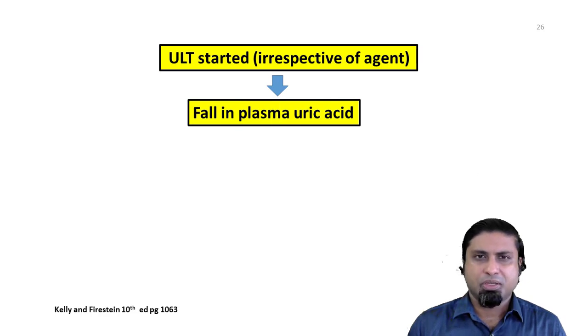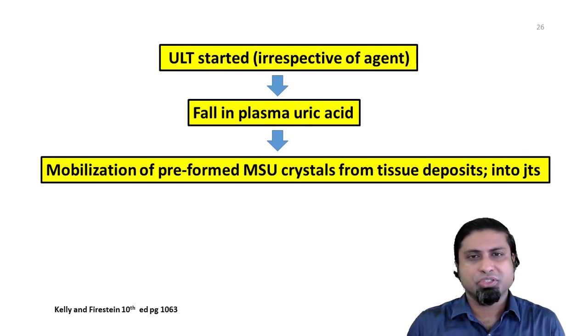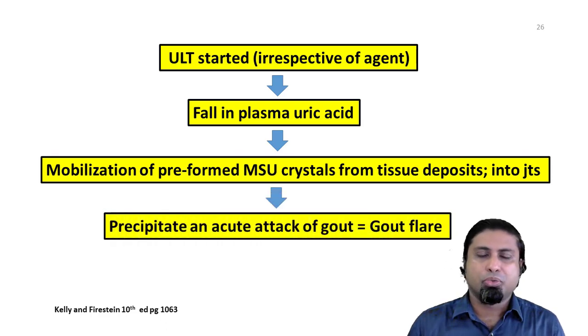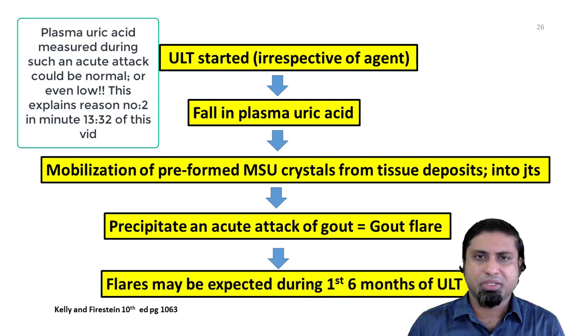Now, when this happens, there is mobilization of preformed monosodium urate monohydrate crystals from tissue stores into the joints. And predictably, this could lead to precipitation of acute attacks of gout. We call these gout flares. Gout flares, if at all they happen, occur within the first 6 months of initiation of urate-lowering therapy.